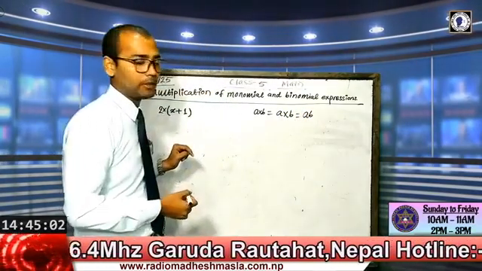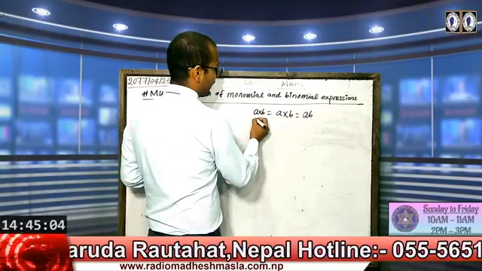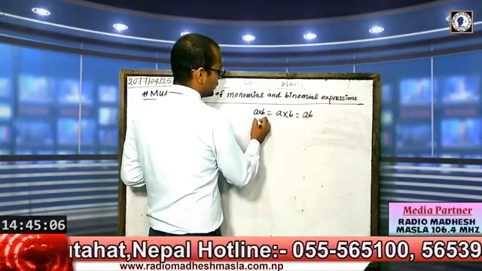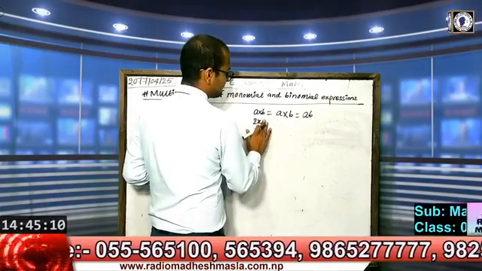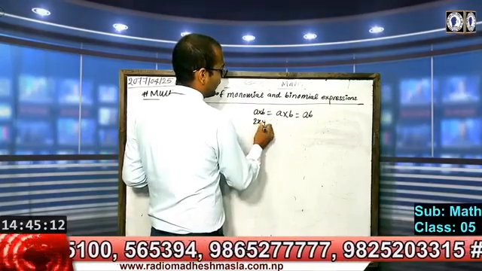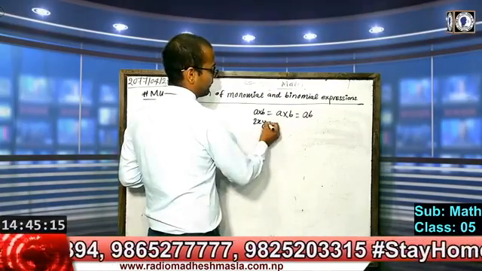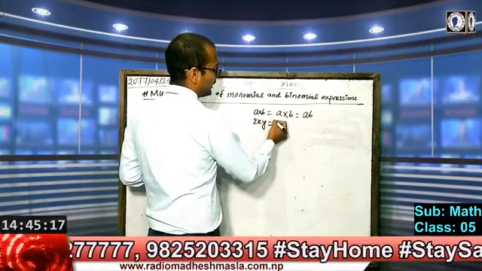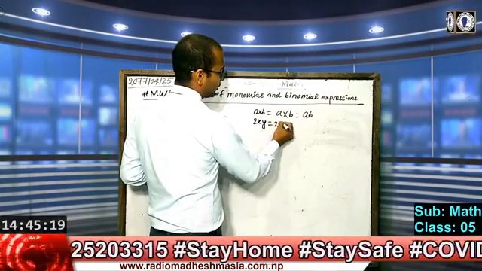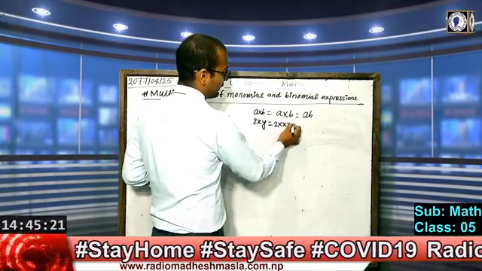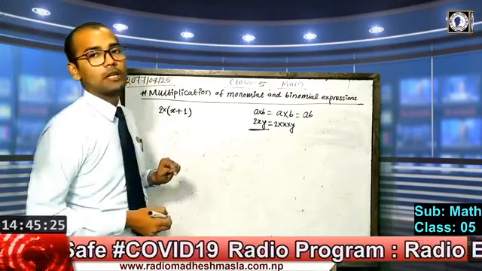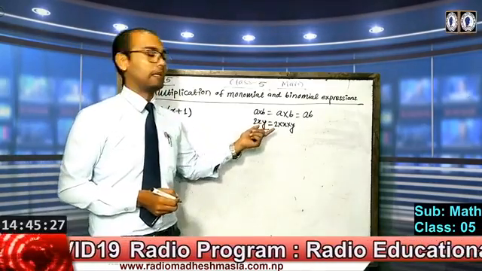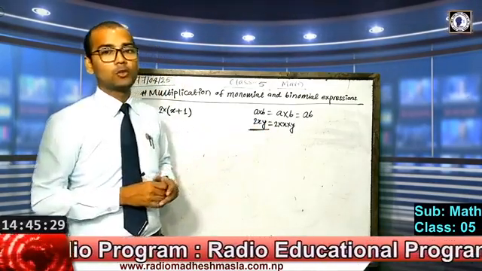Students, don't be confused. Similarly, if there is 2xy, it means between them all there are multiplication signs: 2 into x into y, and we get 2xy. The multiplication sign is hidden there.